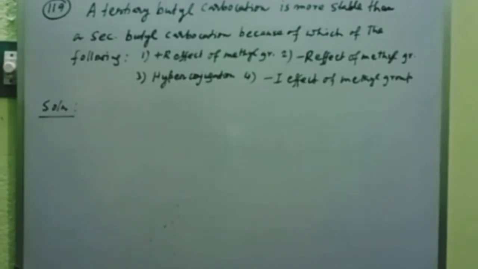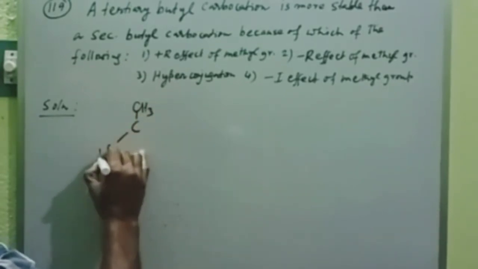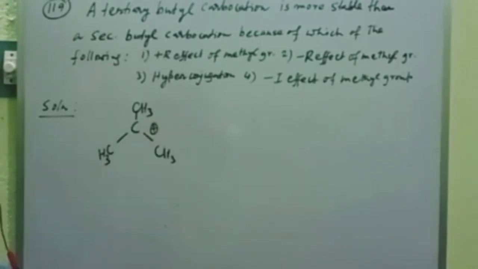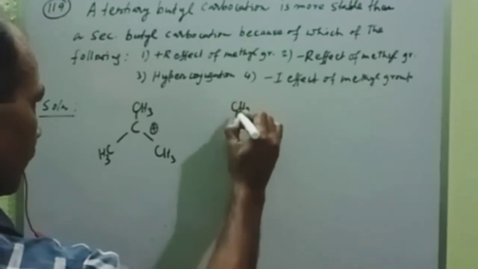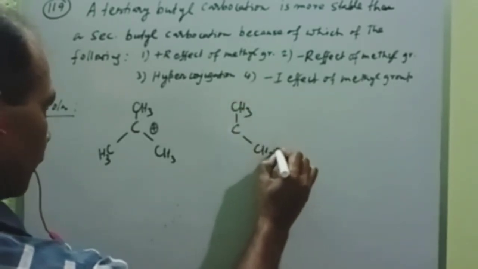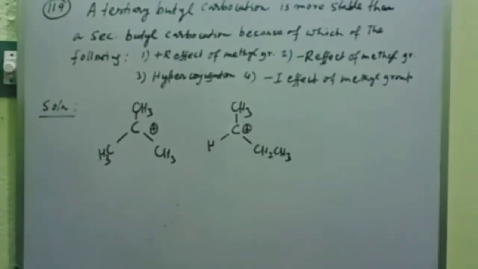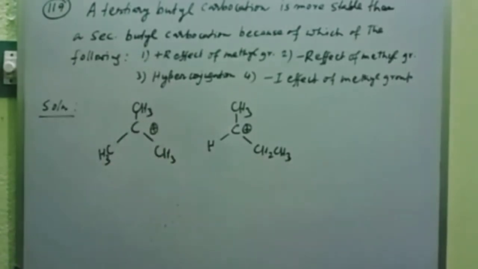If we draw the structure of tertiary butyl carbocation and secondary butyl carbocation, we will find 9 alpha hydrogens, here 3, here 3 and here 3 in tertiary butyl carbocation.